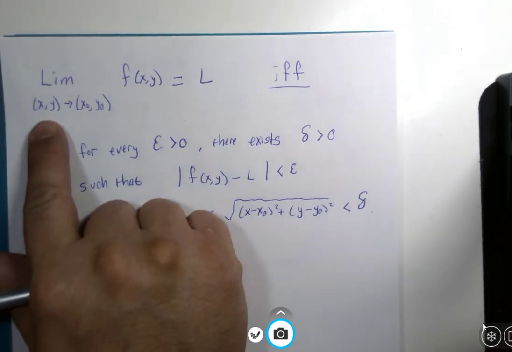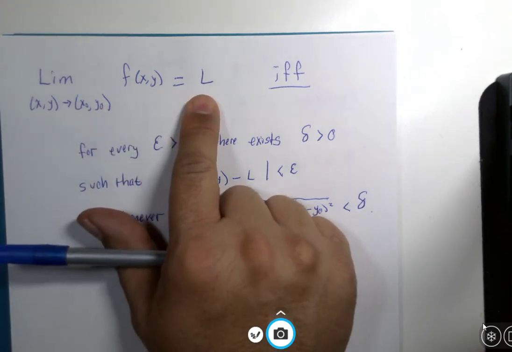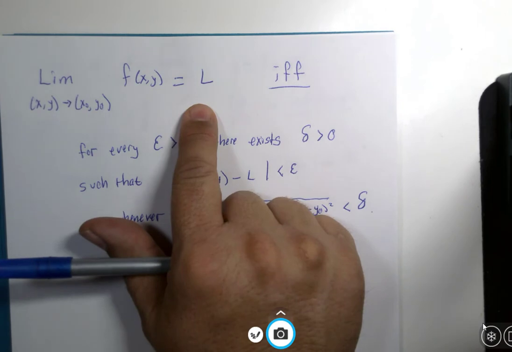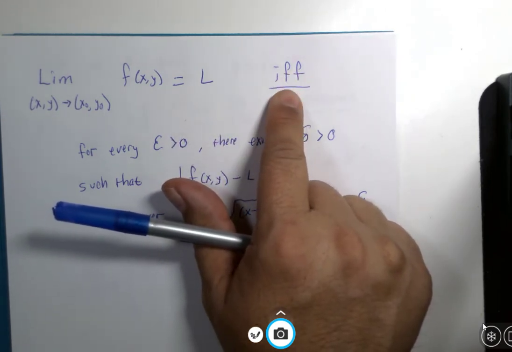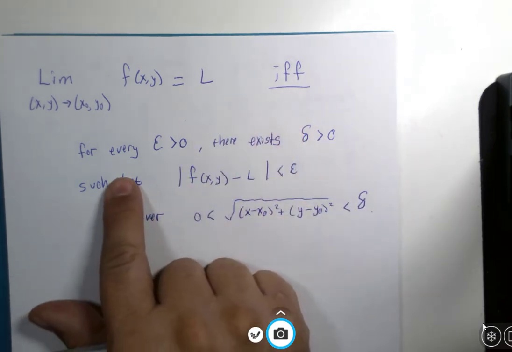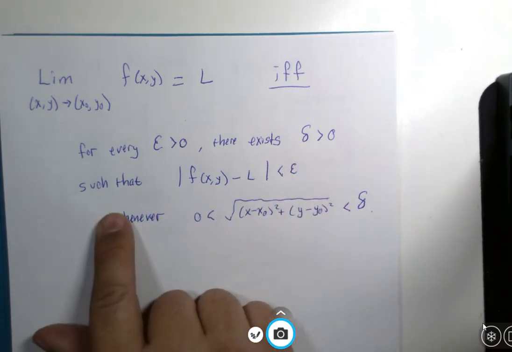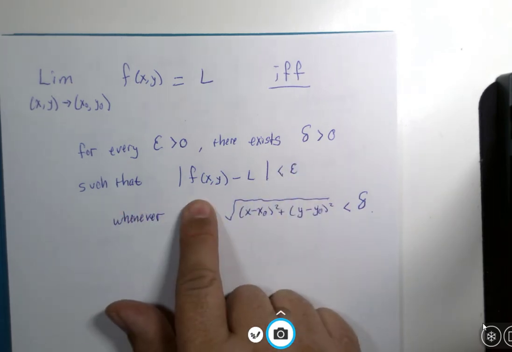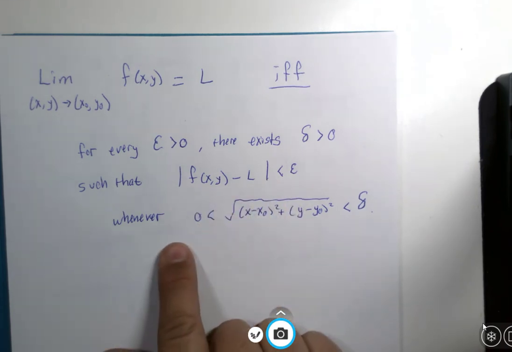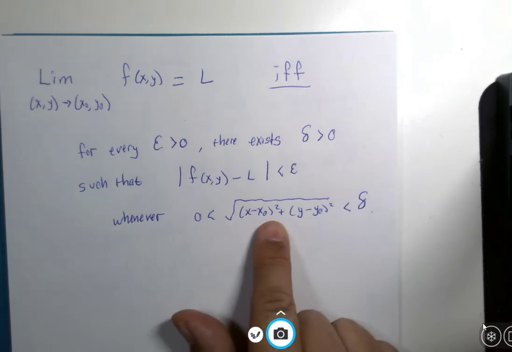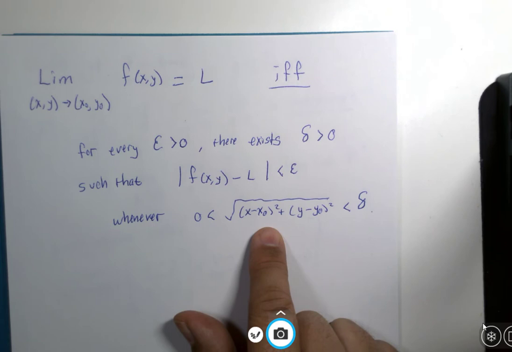If the coordinates x and y approach some point and the limit is L, that condition can only be met if and only if. Remember, this is an abbreviation if you've never seen it before. For every epsilon greater than 0, there exists a delta greater than 0, such that if the function is within an epsilon of the limit, that means your x and y coordinates are within a delta of the initial x and y coordinates.